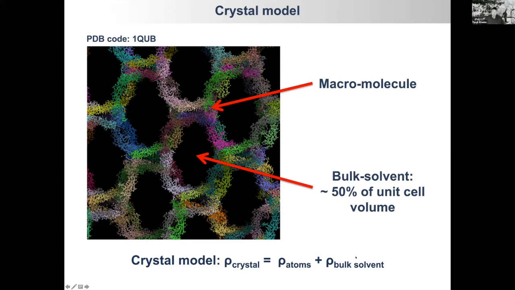And that's very important. And that's a common misconception. People always think your model is the atomic model, your atoms, your protein, your DNA, RNA. But the other half is actually what is probably least interesting, right? It's bulk solvent, it's not a structural thing in a crystal, so why care? Because it occupies almost half of the volume of the unit cell, it is important to care about.